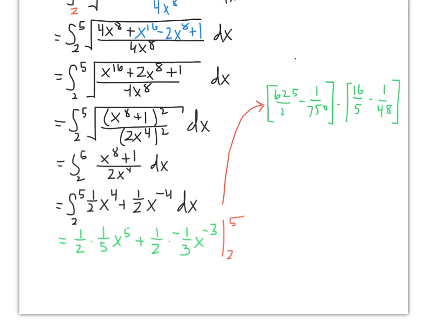And when all is said and done, we end up with 618,639 over 2,000, or 309.3195.